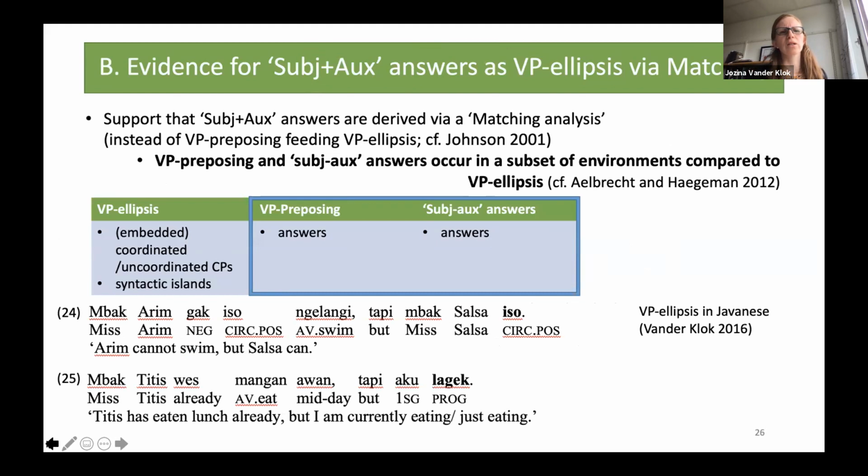We can say that since they're in a subset of environments compared to VP ellipsis, movement feeding this cannot then be generalized in any way to account for VP ellipsis, which occurs in different environments.